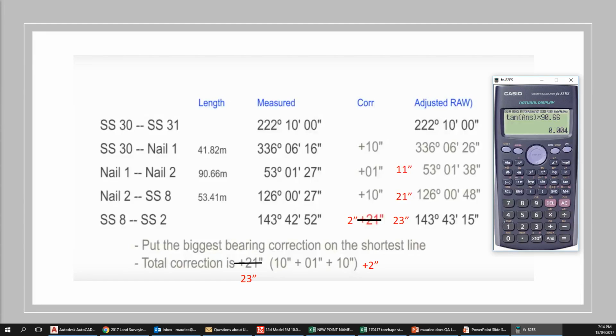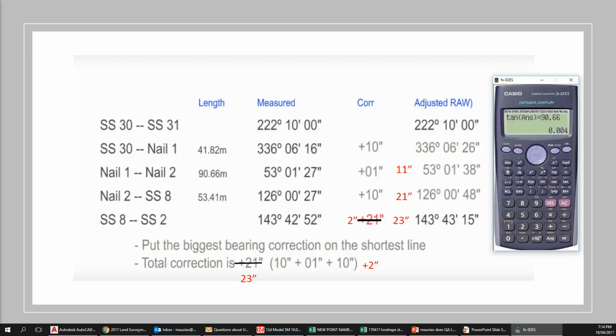So this is what we do. We put more error in the shorter lines because in the scheme of things it's not going to have the same effect. It's not going to move things around that much. Whereas if we put 10 seconds in the 90.66 meter line, it's going to have twice the effect that it will have in the 41.82 meter line.